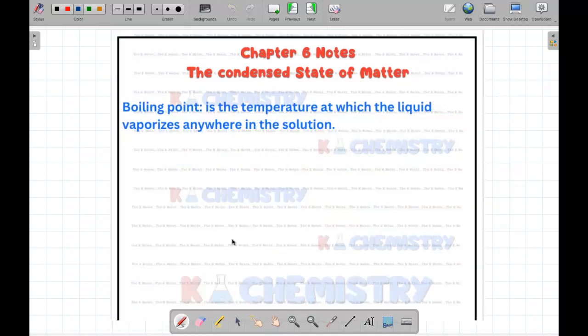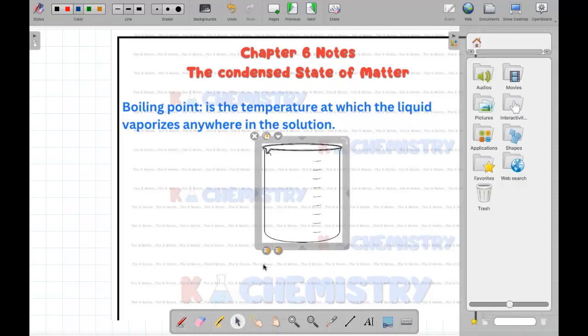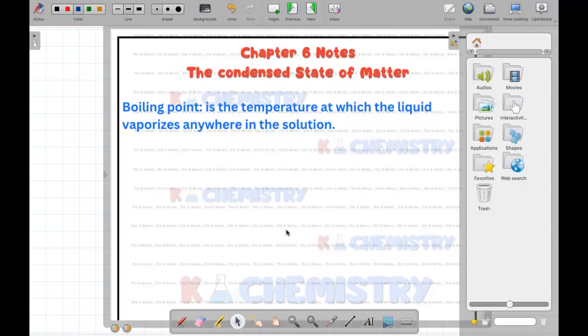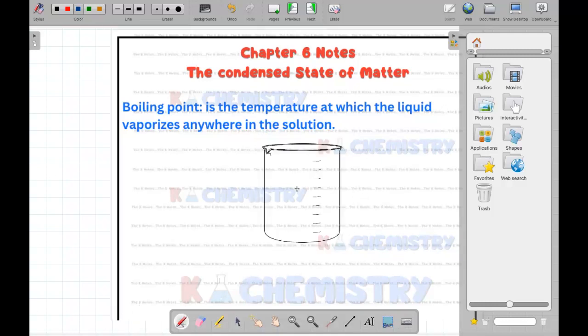Now let's define the boiling point. What is the boiling point? This is the temperature at which the liquid vaporizes anywhere in the solution. Here the particles will be evaporating from anywhere. You can see the liquid here. Not only the particles on the surface will be evaporated, but liquid from anywhere in the solution can be evaporated and changed into gas.